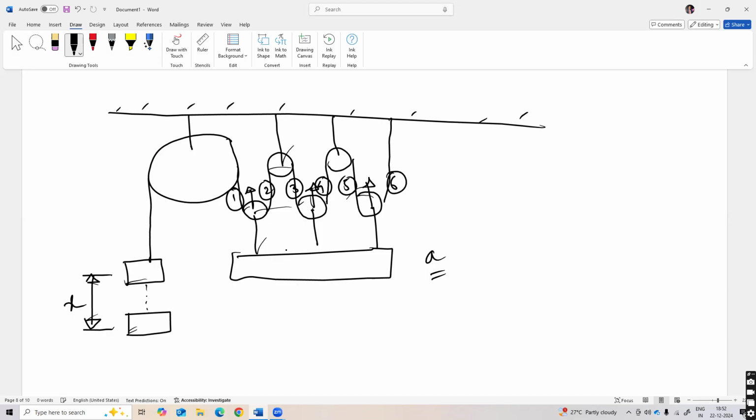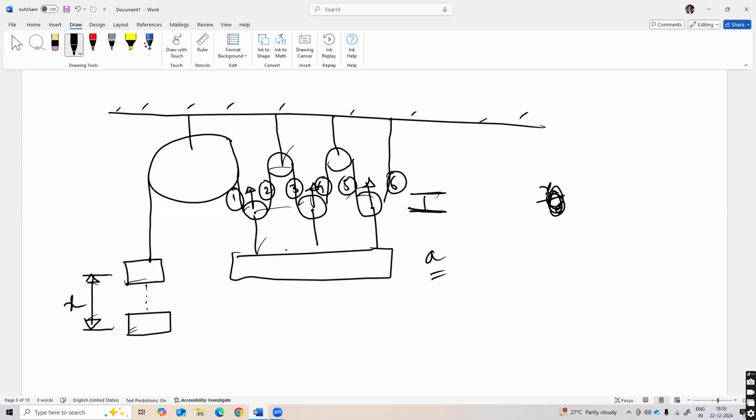So basically, if these three pulleys each move x by six, this is their initial position.